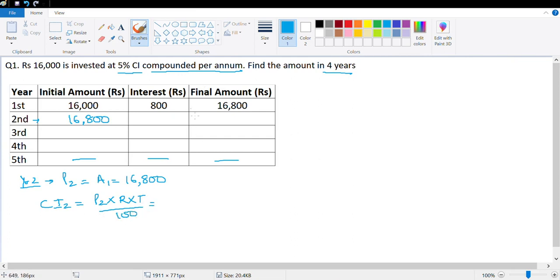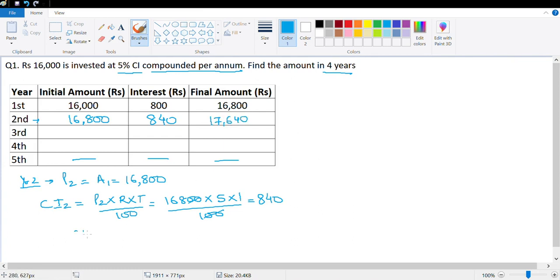Time is per annum, which means 1 year. Principal 2 is equal to 16,800, rate is 5 multiplied with 1 upon 100. So that's 168 into 5, that's 840.